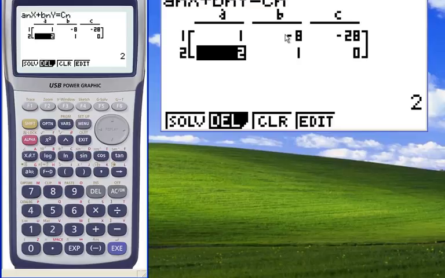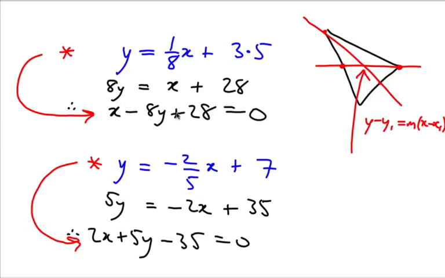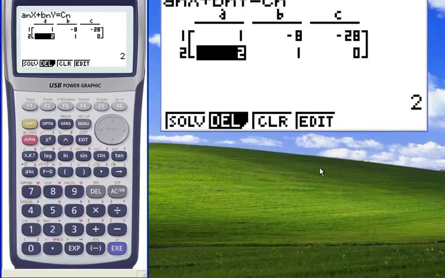So what we've got to do is put just the number part of our equation by itself on the right-hand side. That's why I needed to put negative 28 there. Because remember, I had the plus 28 here. The calculator wants that number to be on the right-hand side. So we just move it over, it's not too hard.